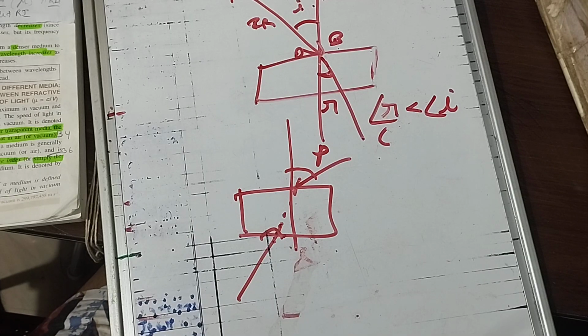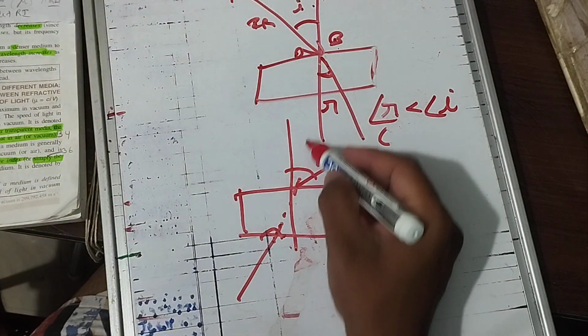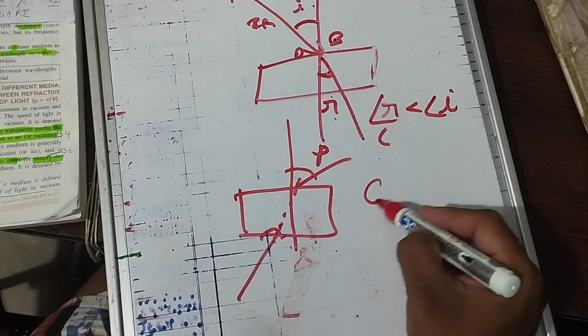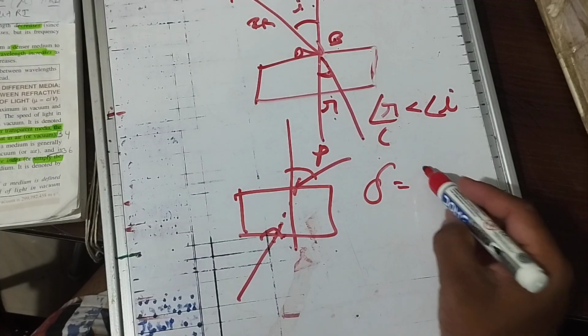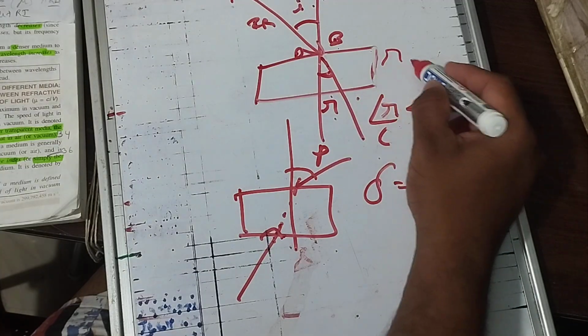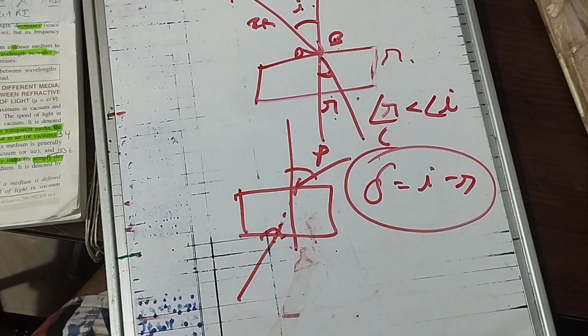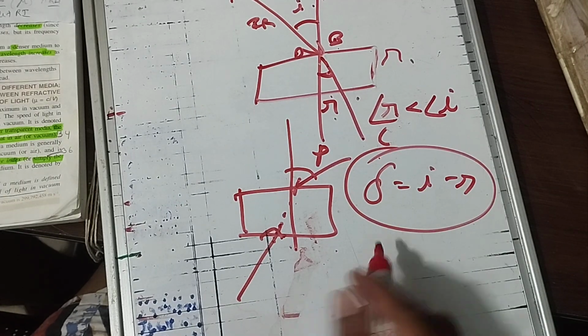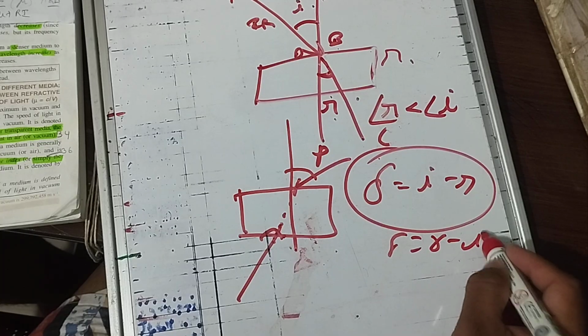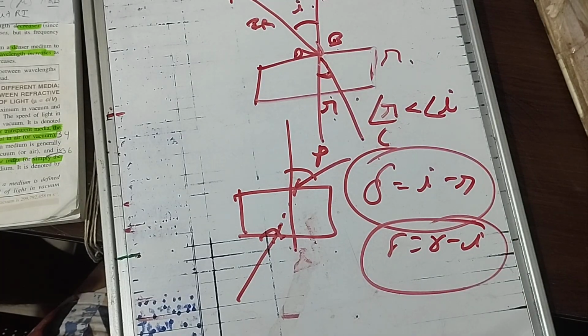The angle of deviation is denoted by delta. In the case of rarer to denser, delta is equal to angle I minus angle R. In the case of denser to rarer, delta is equal to angle R minus angle I.